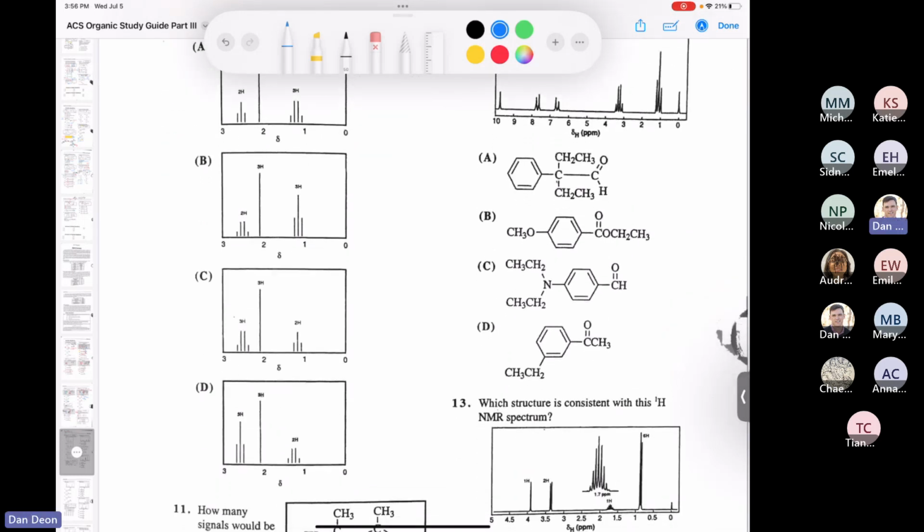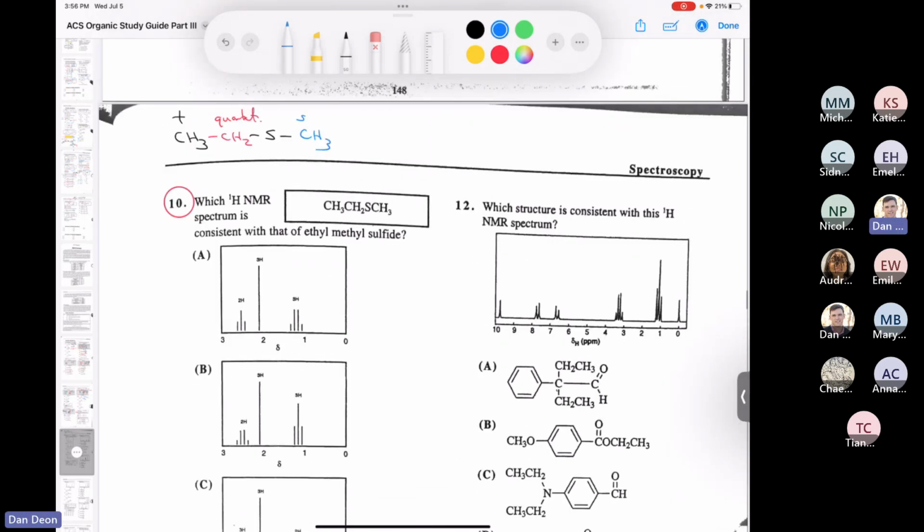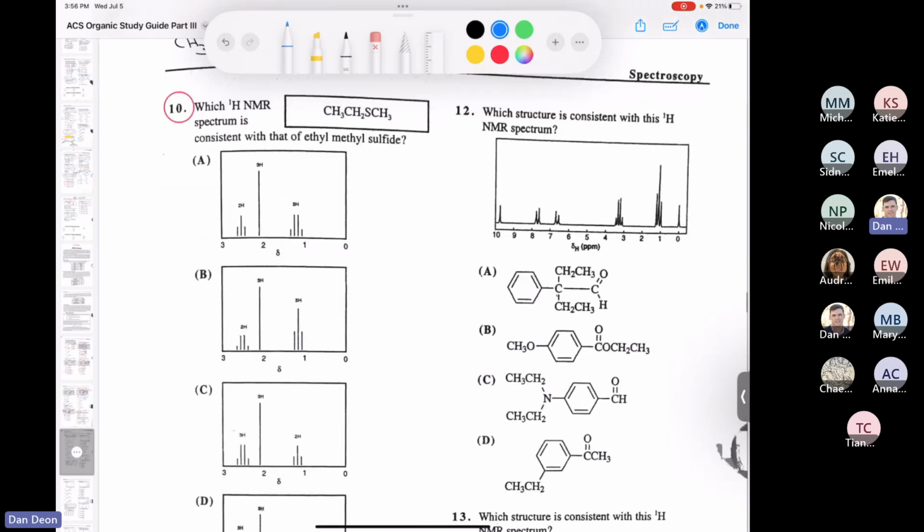What do you know? All 3 of them have a triplet, quartet, and a singlet. But the quartet should integrate for 2 protons. In the first one, the quartet integrates for 3 protons and the triplet for 2, so that's impossible.